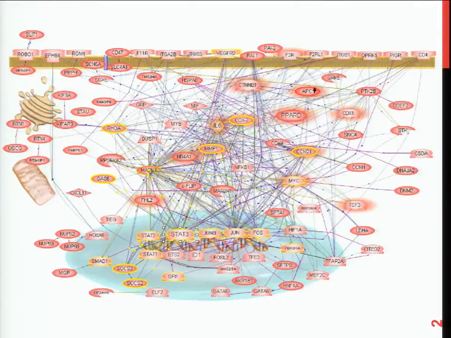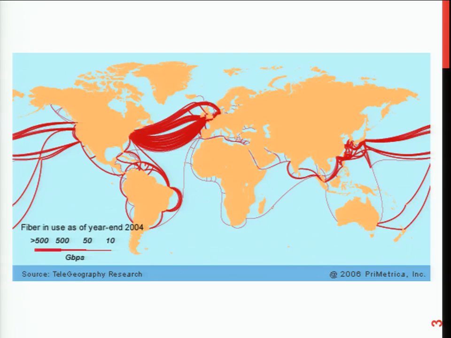Another example is this one. Suppose you are a terrorist or some malicious person, and you see this network. This is the network of undersea cables which provide internet access to all of the world. For example, you see that Africa is very sparsely linked, whereas this connection between North America and Europe is very thick.